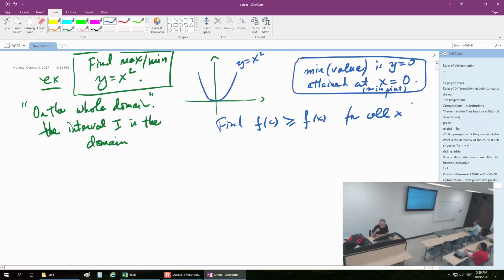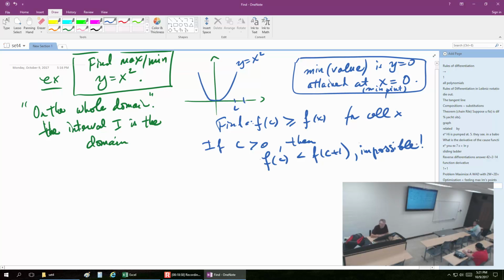Whatever c I pick, I could move more to the right, for example, and the value will be larger. So if c is larger than or equal to 0, then f of c is less than f of c plus 1. That's it, so it's impossible.